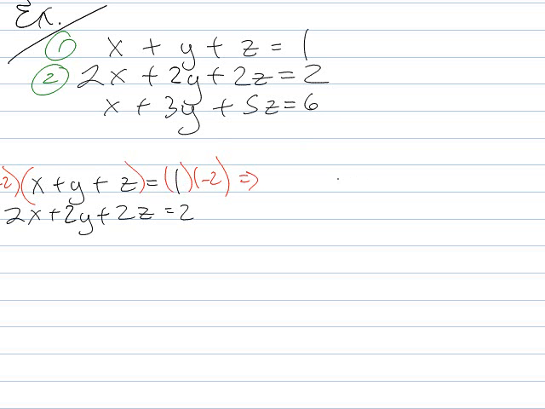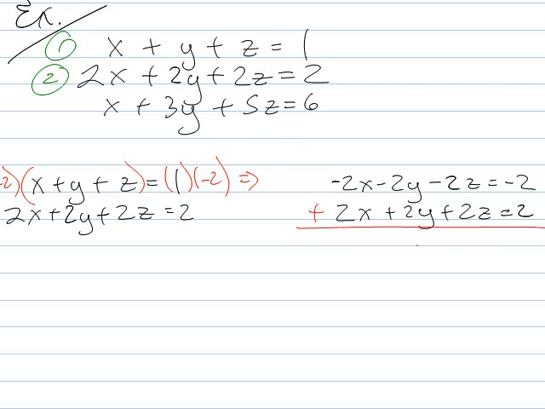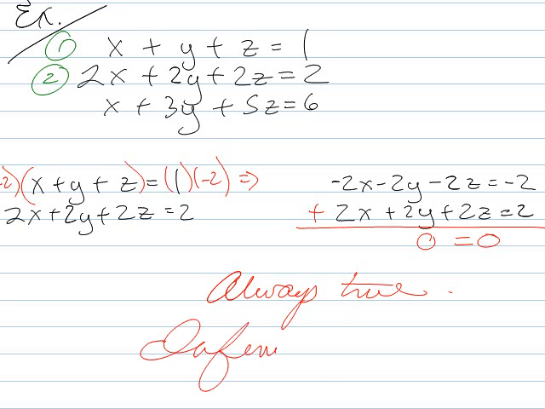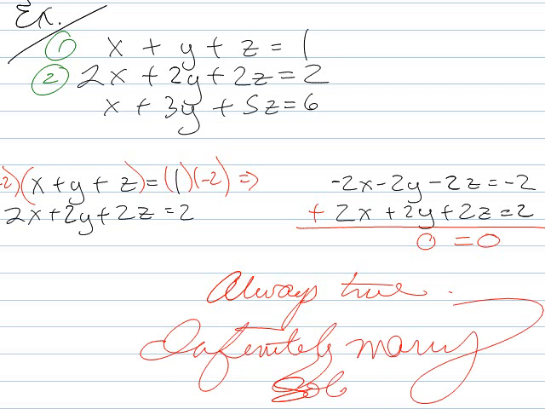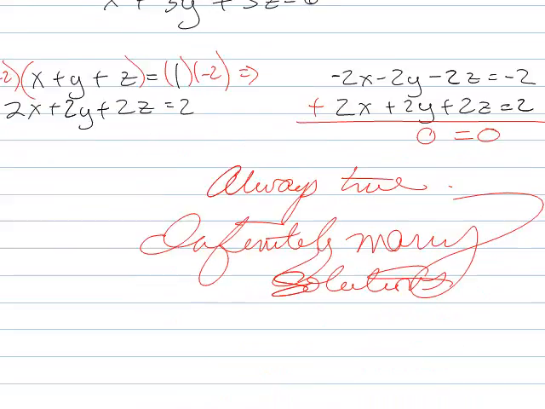And so I've got minus 2x minus 2y minus 2z equals -2, and 2x plus 2y plus 2z equals 2. And I'll add them up, and I get 0 equals 0. So again, 0 equals 0, always true. So I have infinitely many solutions. These are the same things that you're going to see with the 2x2 systems, you're going to see with the 3x3 systems.